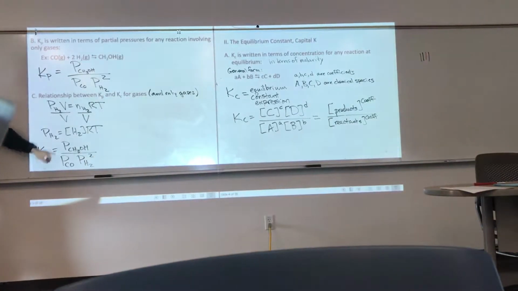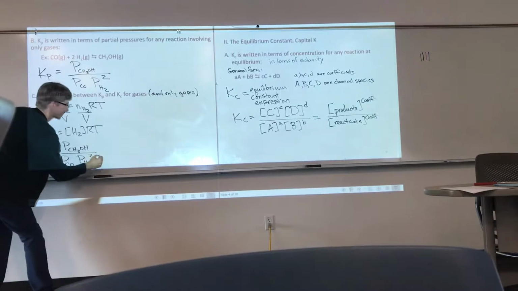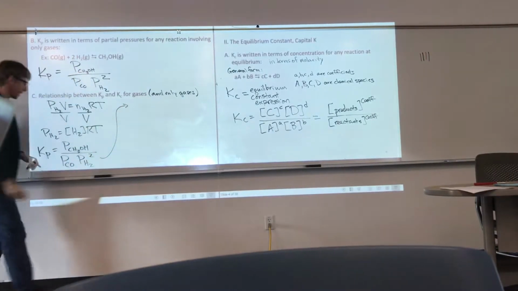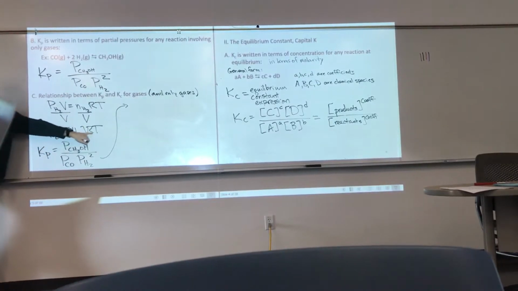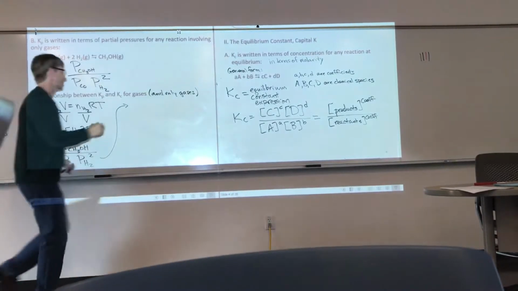So here's the expression I have up here. Now what I'm going to do is, for each of these species, instead of writing the partial pressure, I'm going to write the concentration times RT. So partial pressure of methanol equals concentration of methanol times RT.